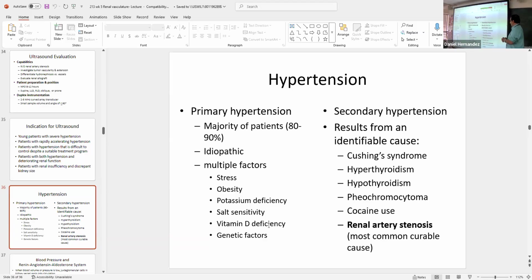Thyroid issues, so hyper and hypothyroidism, could lead to hypertension. Pheochromocytoma, illicit drug use, certain stimulants, could cause hypertension. And then renal artery stenosis. Renal artery stenosis is the most common curable cause, so we can absolutely do something about that. That's the primary cause for secondary hypertension.